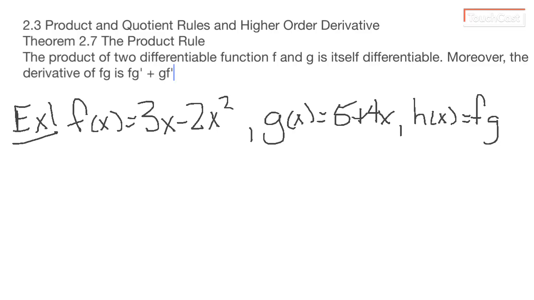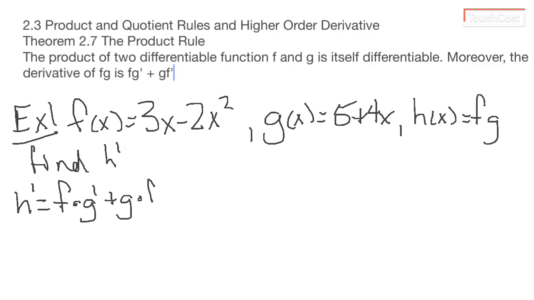We want to find h prime. So, based off of our product rule theorem 2.7, h prime is going to have to be f times g prime plus g times f prime. So let's just go and find the derivatives of f of x and g of x. Let's find f prime and g prime.